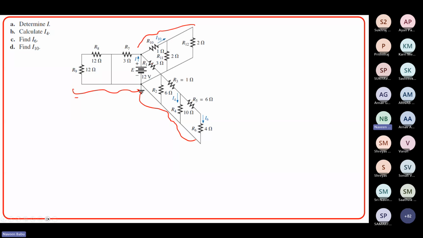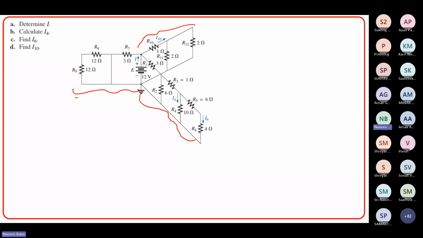What does this mean? This 2 and 2, they are in parallel. R11 and R12, they are in parallel. So 2 parallel is 1, right? And this R10 is also 1. So this is 1 and this is 1. There are 2 ohm resistors in series, because I need to find out I10.